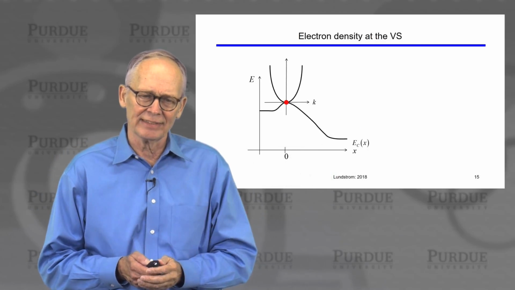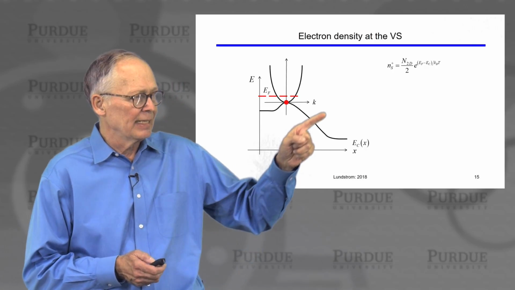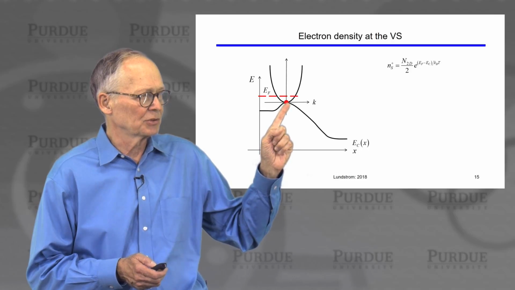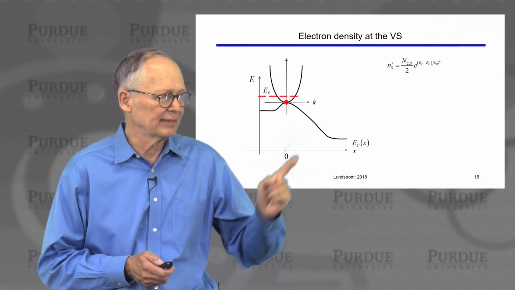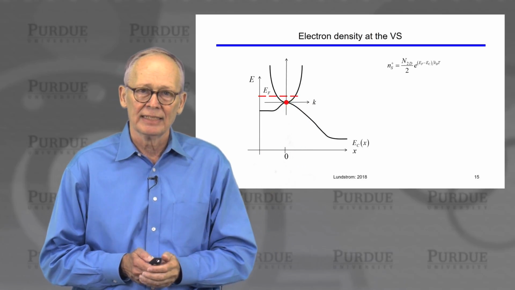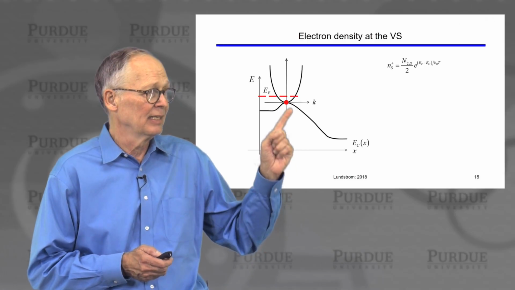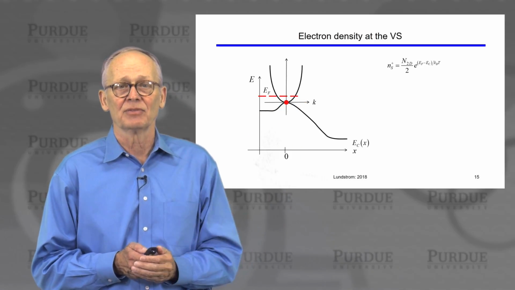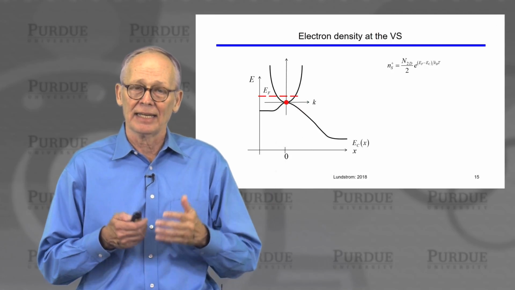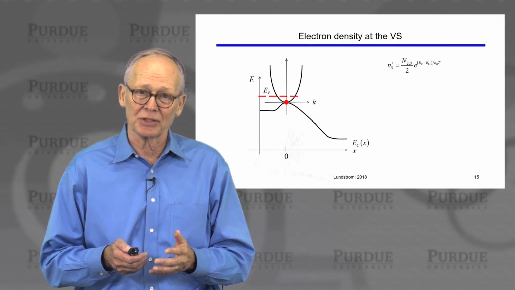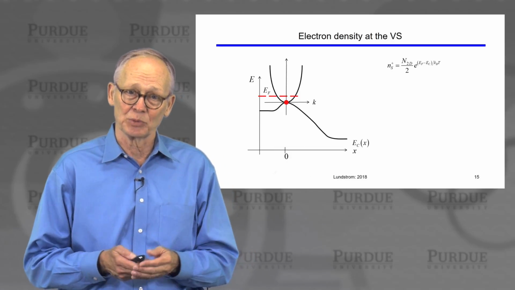So if I look at the electron density at the virtual source, let's talk about that for just a minute. If I look at the electron density at the virtual source and ask, how are these states populated, these states with positive velocity? In the ballistic limit, there is only one way that they could have been populated. Electrons flow in from contact 1 and occupy those states, and the probability that those states will be occupied will be given by the Fermi level of contact 1, because that's where they're coming from.